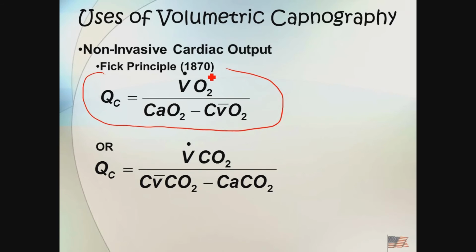This is the bench that we would use. It's based on the Fick principle. Yes, the same Fick guy who had Fick's law. And we can actually substitute CO2 instead of O2 using the same exact equation.